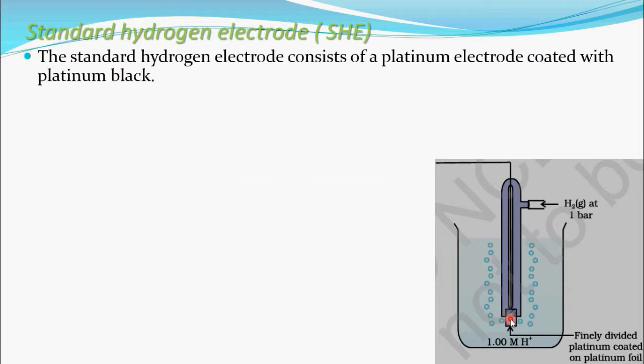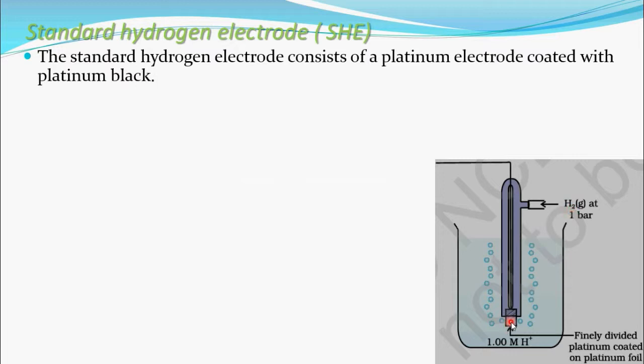On this, platinum black, that is platinum powder, is coated and deposited. Why? In order to increase the surface area of adsorption of hydrogen. You will understand, I will tell afterwards.